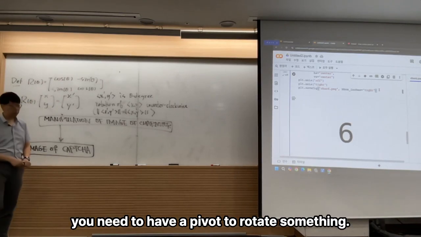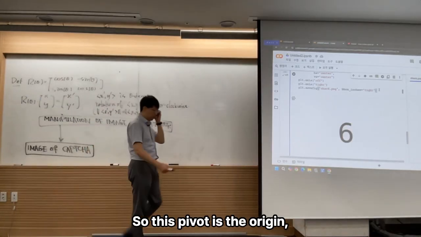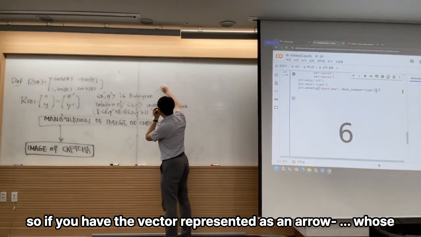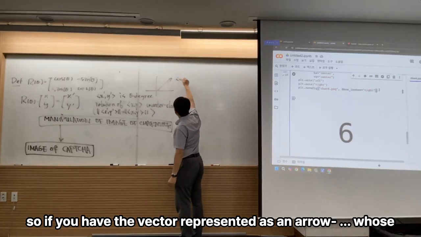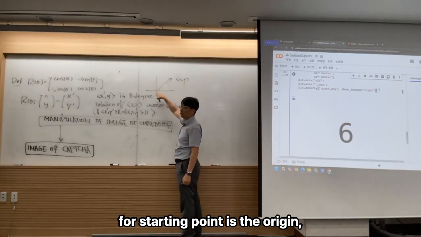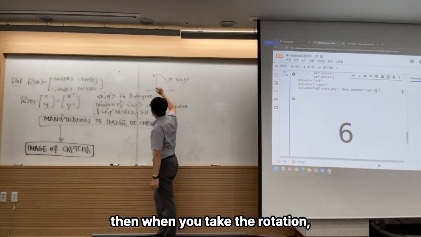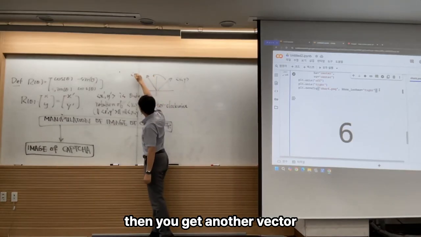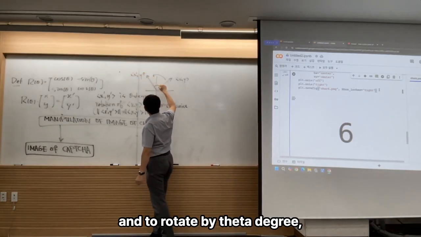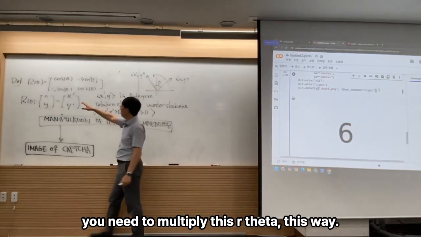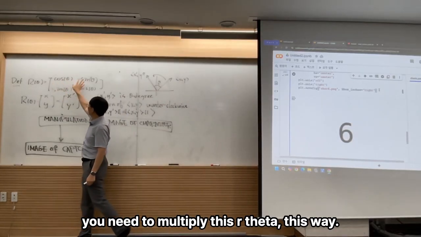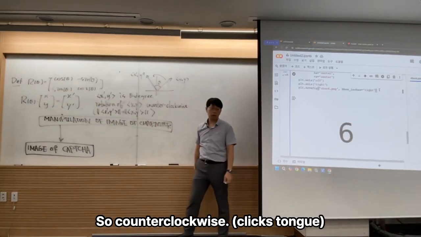You need a pivot to rotate something, and this pivot is the origin. If you have the vector represented as an arrow whose starting point is the origin, then when you take the rotation, you get another vector x prime y prime. To rotate by theta degree, you multiply by R theta this way. It's counterclockwise.